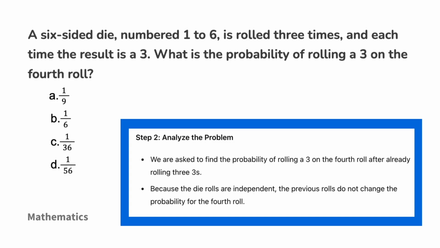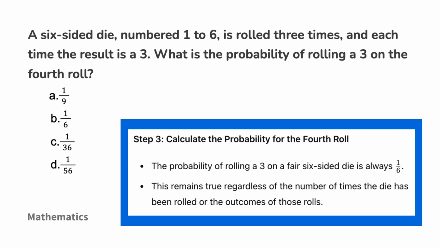So we need to calculate the probability for the fourth roll now. And keep in mind that the probability of rolling a 3 on a fair 6-sided die is always going to be 1 out of 6. This remains true regardless of the number of times the die has been rolled in the past, or the outcomes from the past.